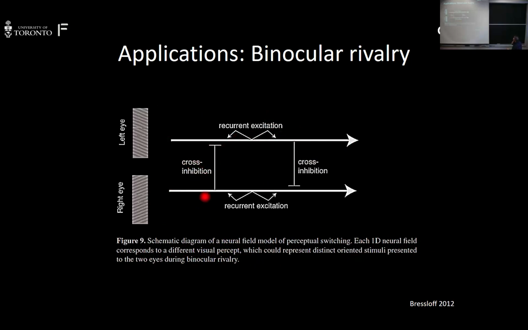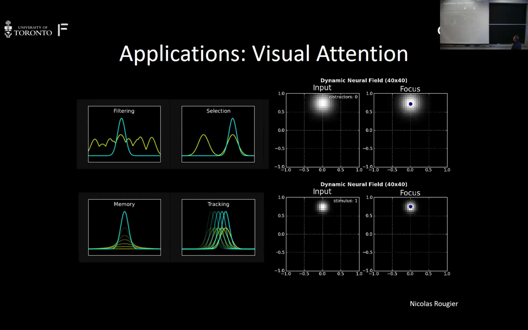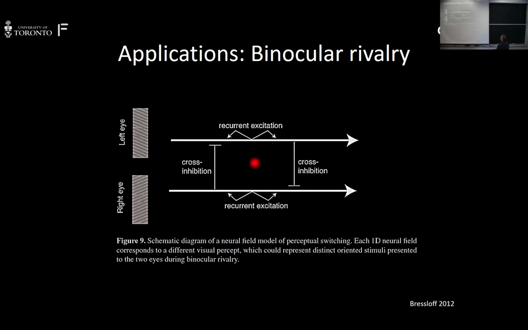Okay, so you see we have excitation and inhibition in this schematic of the organization of the pathway here. The context that we want to think about this in is binocular rivalry.